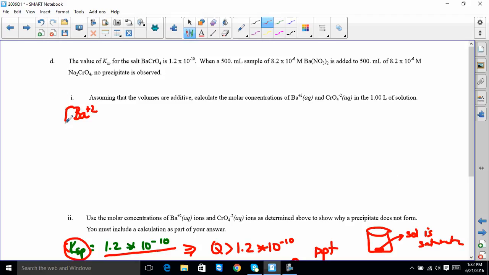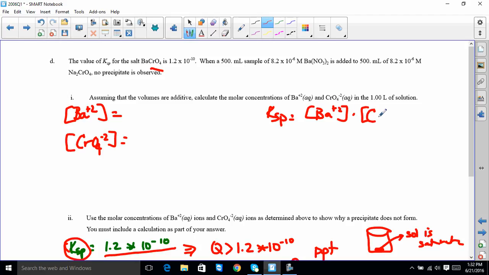Okay, so keeping in mind, the way that we have to do this problem is we need to figure out what the barium ion concentration is, and then we need to figure out what the chromate ion concentration is. And then we are going to multiply them together because KSP is the concentration of the barium times the concentration of the chromate, because barium chromate is not very soluble. A little bit dissolves and you get this.